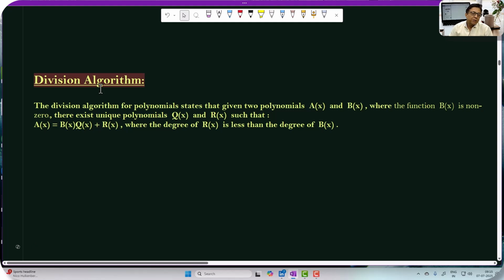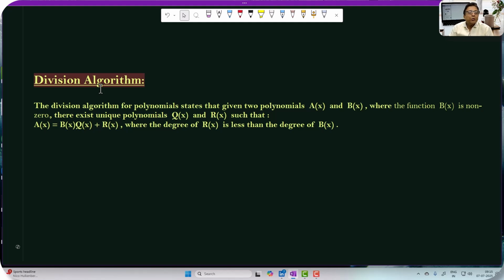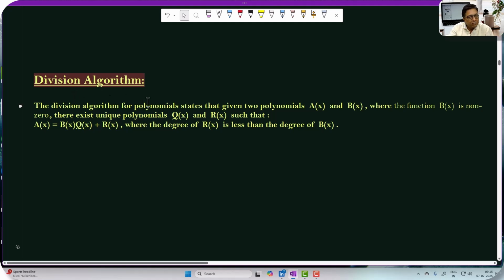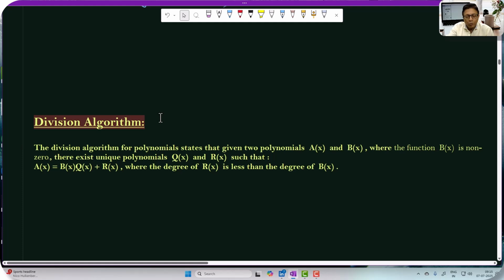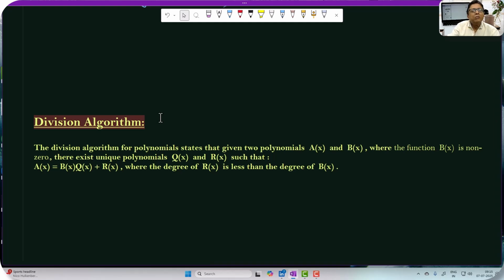So far, addition, subtraction, multiplication, I told you. The question automatically arises, can you divide a polynomial by another polynomial? Of course you can divide. You have seen this from your class 7 and 8 level where algebra started, division was there.